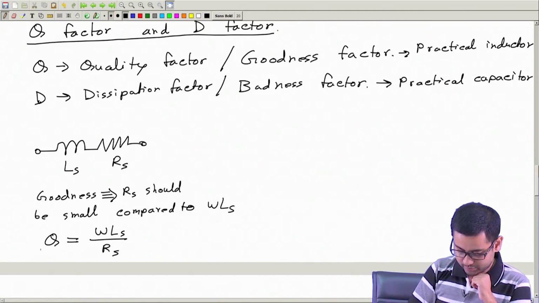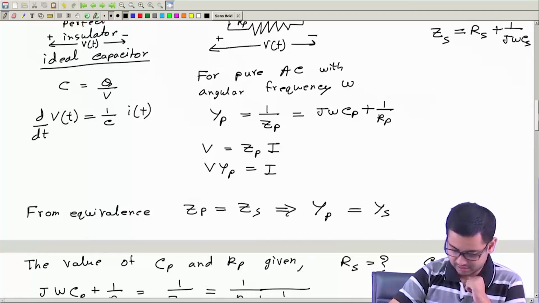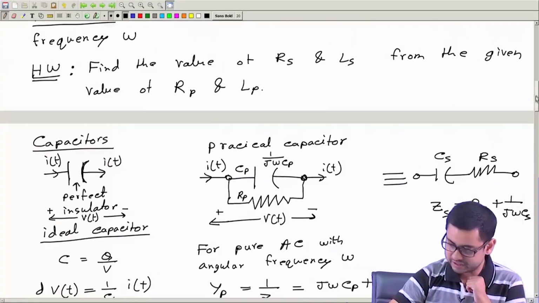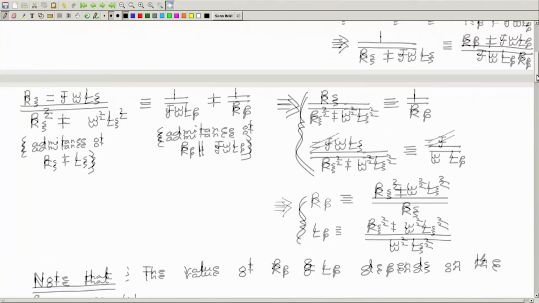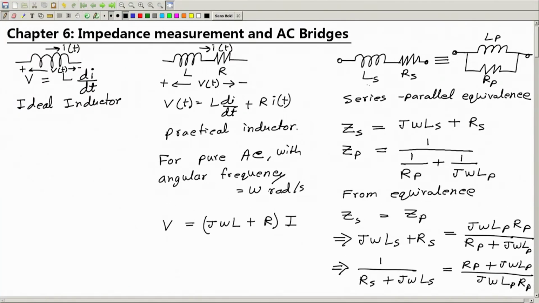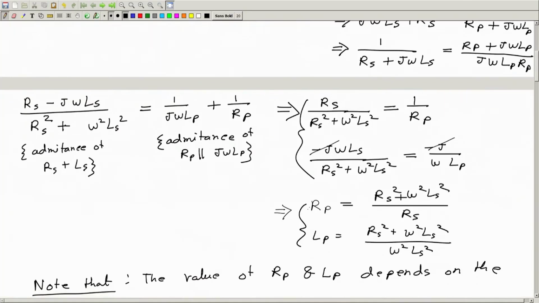Now, this is quality factor in terms of Ls and Rs. Now, if we go back, we have seen that any Ls Rs series combination can always be modeled as an Lp Rp parallel combination, such that the value of Lp and Rp is like this.